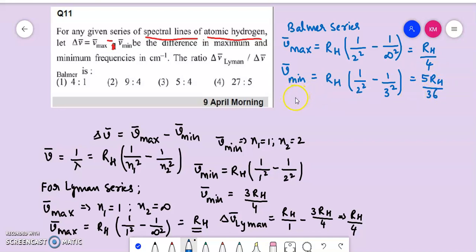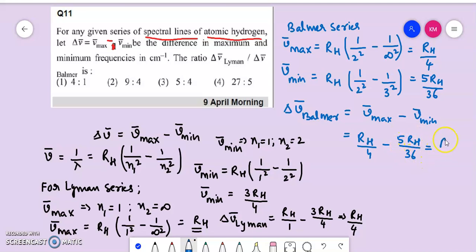Then we calculate the difference: delta nu bar Balmer series is nu bar max minus nu bar min, RH by 4 minus 5RH by 36. Upon solving, you will get RH by 9.